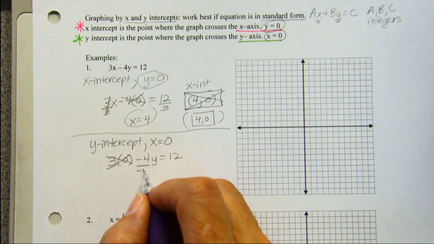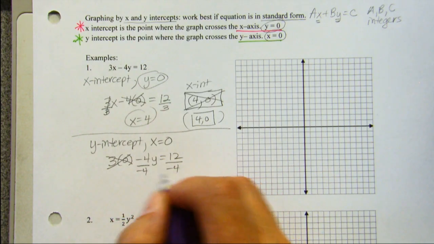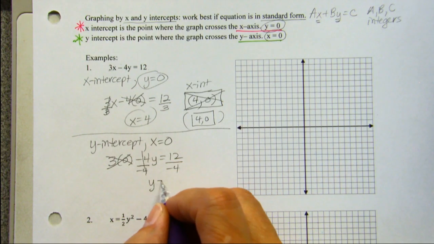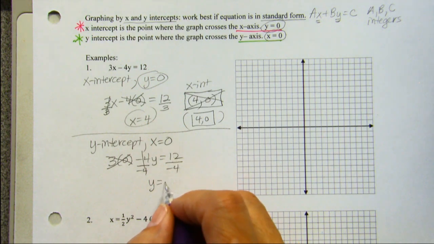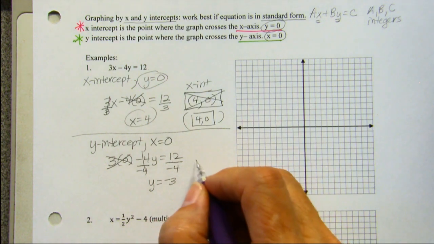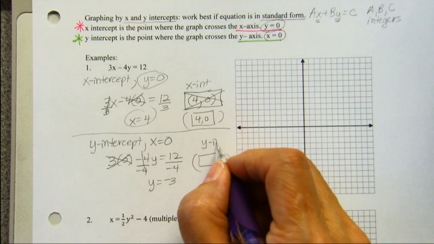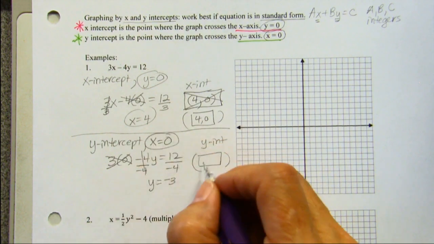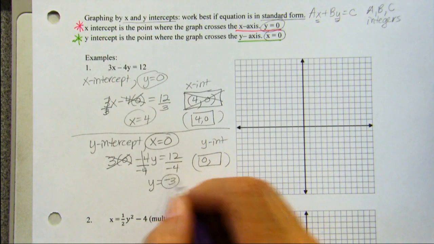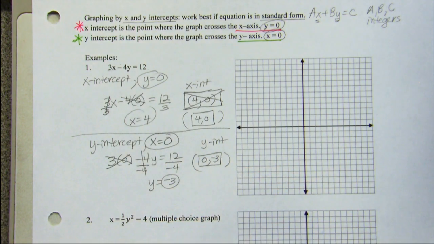I'm going to divide both sides by negative 4. 12 divided by negative 4 is negative 3. So for your y-intercept, x was 0, comma, y was negative 3.